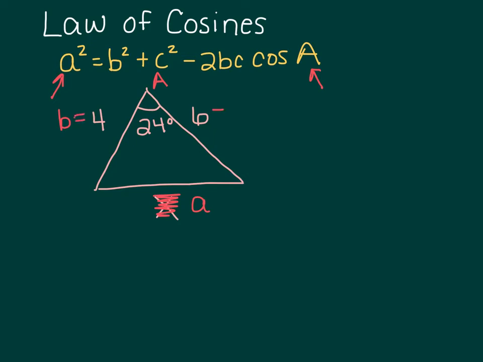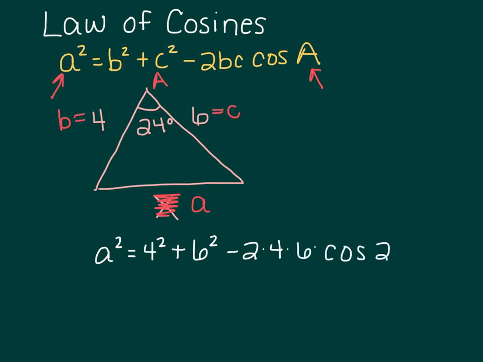So that's B, that's C. Then I'm just going to throw everything into the formula. That's going to look something like a squared equals 4 squared plus 6 squared minus 2 times 4 times 6 times cosine of 24.